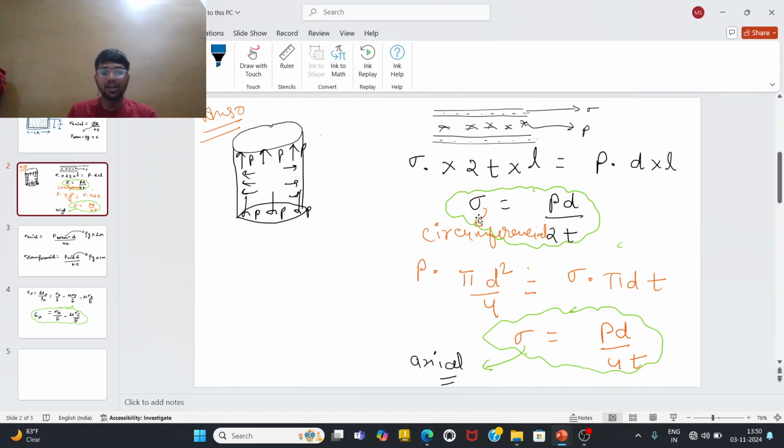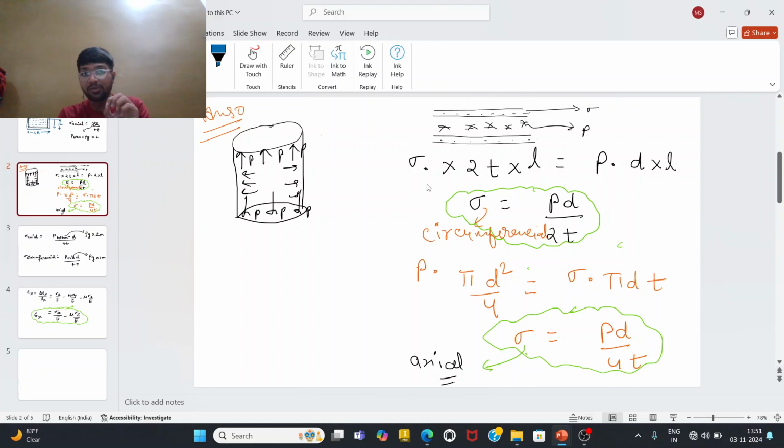This is a cylinder, and this is its cross section; when we extrude up to this length, it becomes a cylinder. When we cut the section along a diameter, we get this pressure profile and this stress profile. How will this cylinder be in equilibrium?